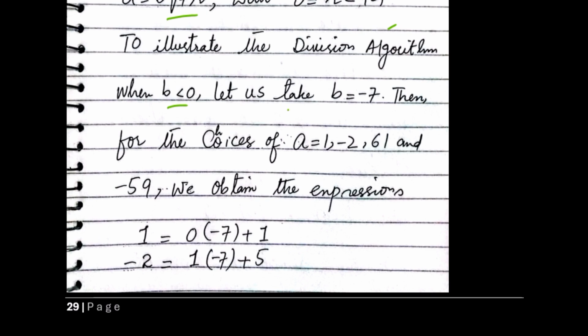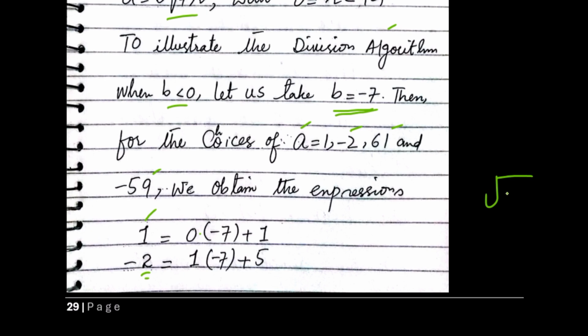Let us take my divisor b as minus 7. Then for the choices a equal to 1, minus 2, 61 and minus 59, we obtain the expressions. When a is 1, the division algorithm says we can write 1 is equal to 0 into minus 7 plus 1. Minus 2 is equal to 1 into minus 7 plus 5.